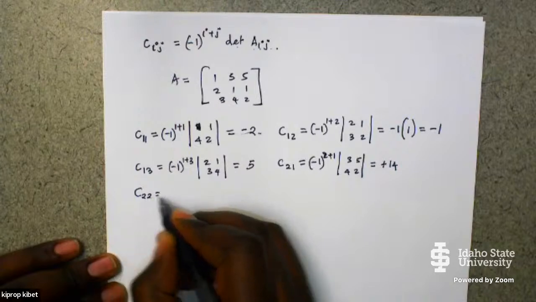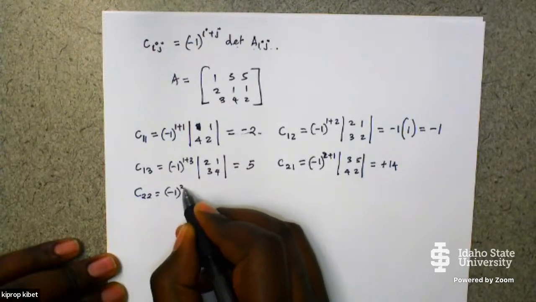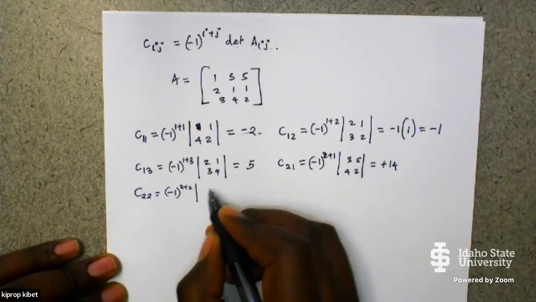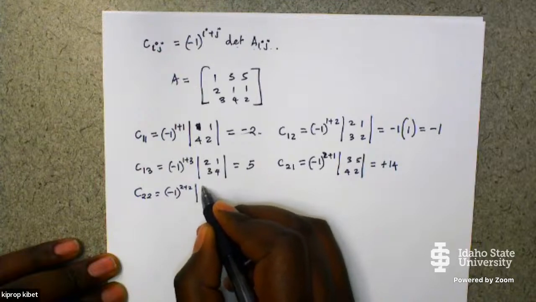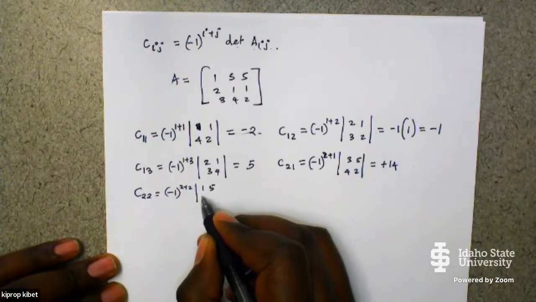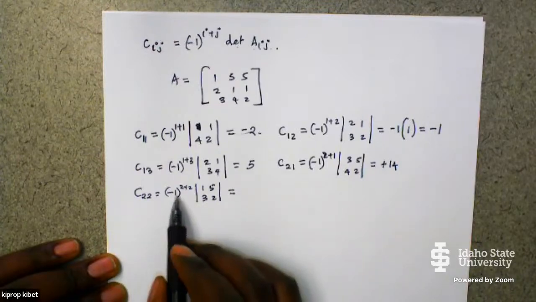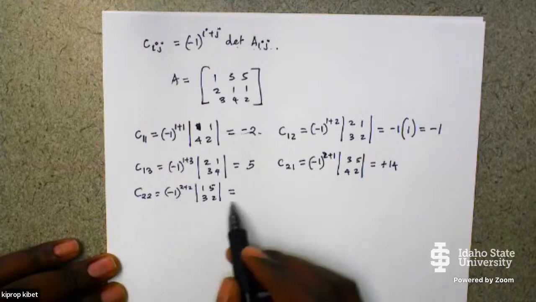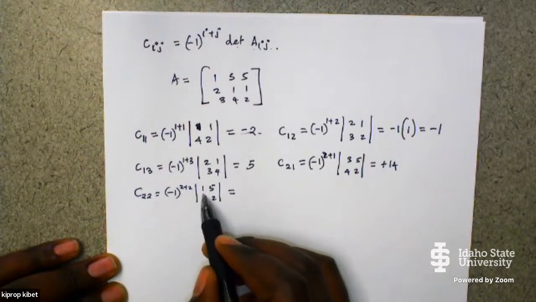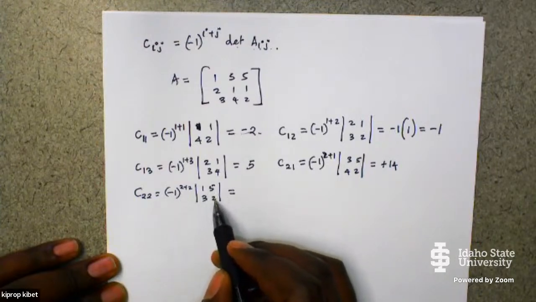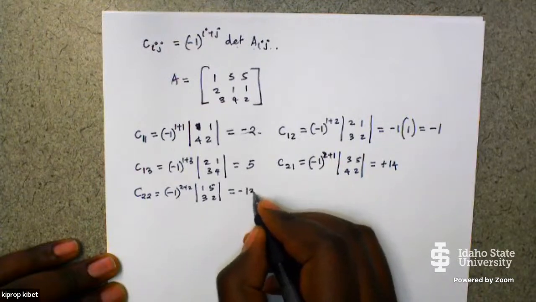C22 equals minus 1 raised to 2 plus 2, determinant of 1, 5, and then 3, 2, which is positive, 2 minus 15, which is minus 13.